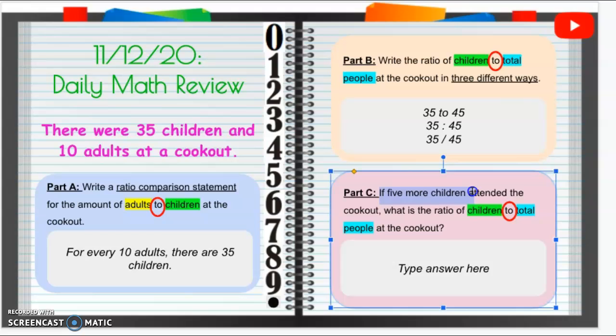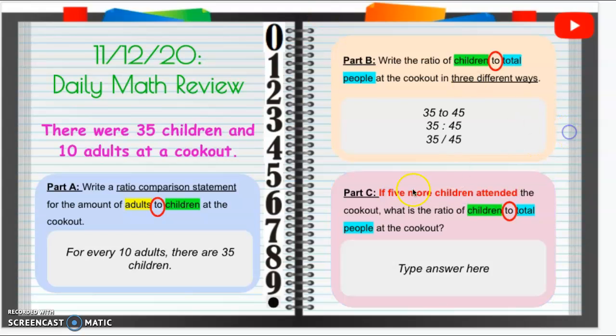So it says if 5 more children attended the cookout. So I'm going to mark that in red and bold that. So if 5 more children attended, okay, so right now we have 35 children. If 5 more attended, we'd have 40 children, right? So we'd have 40 children instead of that 35.